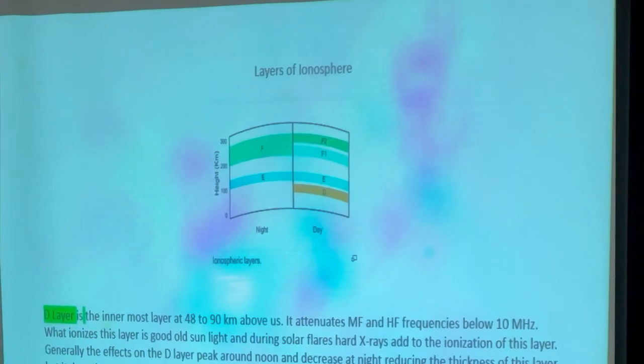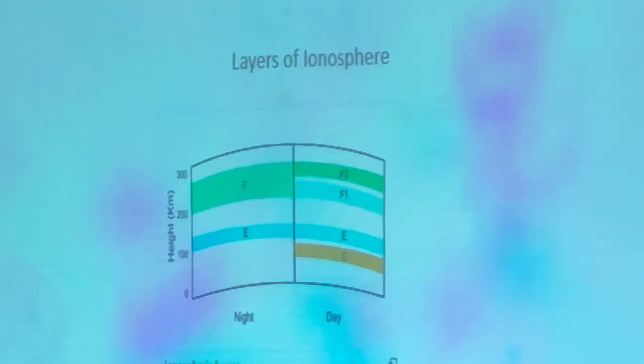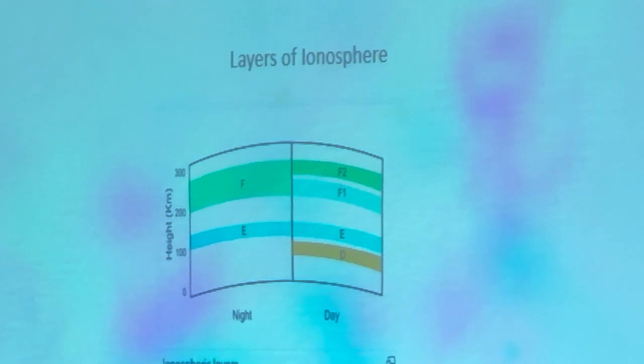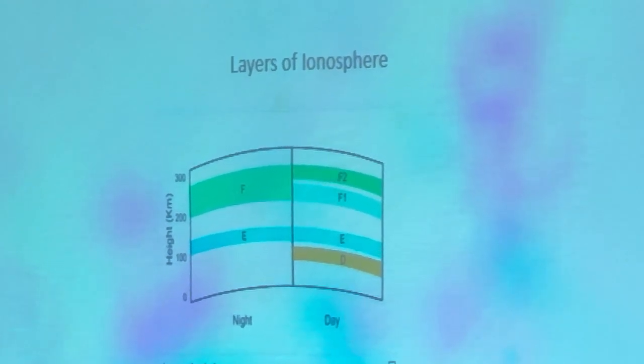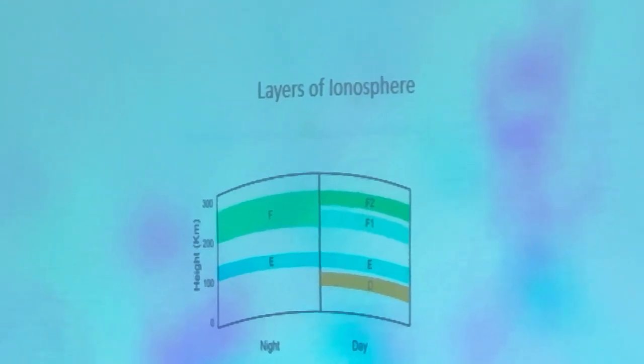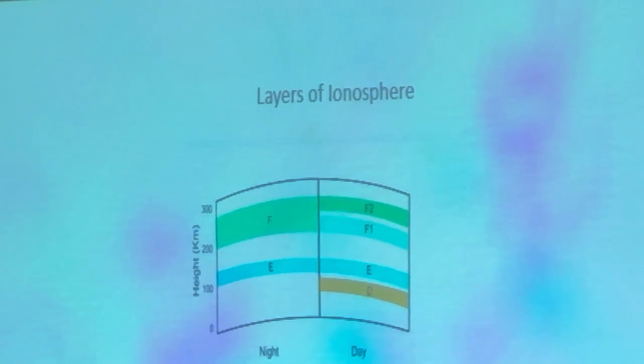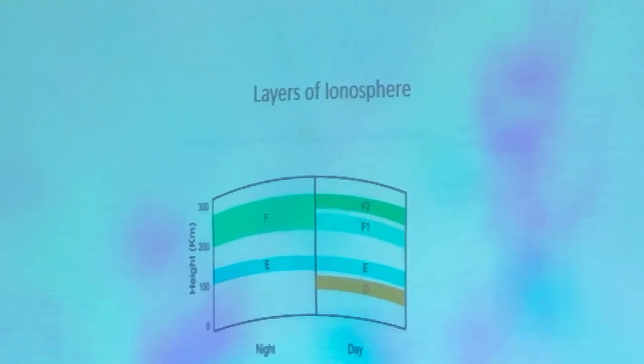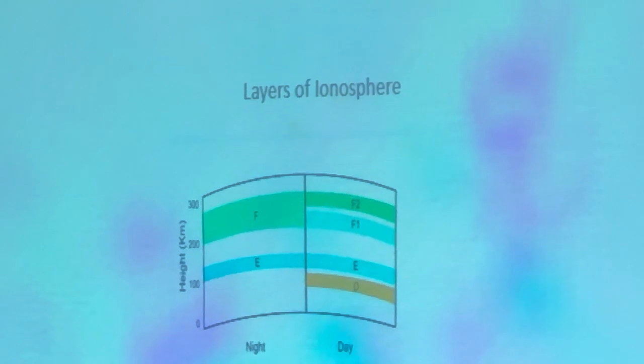At night, this layer is not being ionized by the sunlight and the hard X-rays that you get from solar flares. So it dissipates, and it essentially disappears.